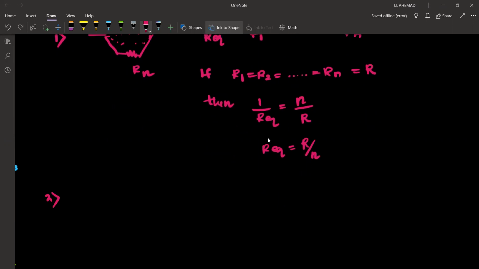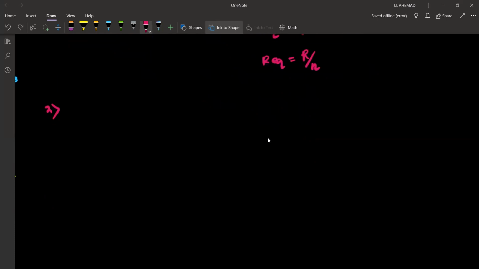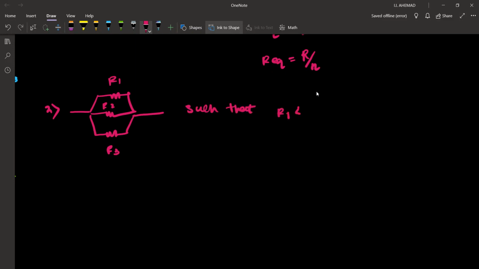Second, when we have a few resistors, I would say R1, R2, and R3, such that R1 is less than R2, which is less than R3, then R equivalent is less than R1.